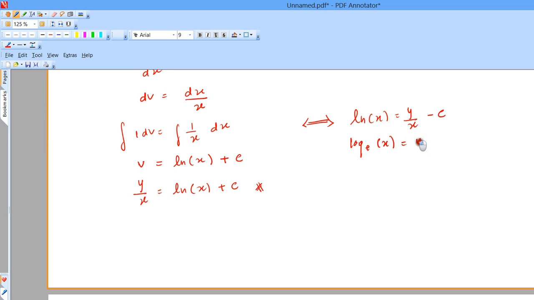So log base e of x equal to y over x minus c. Based on this equation, y over x minus c refers to the power. So we have x equal to e to the power of y over x minus c.